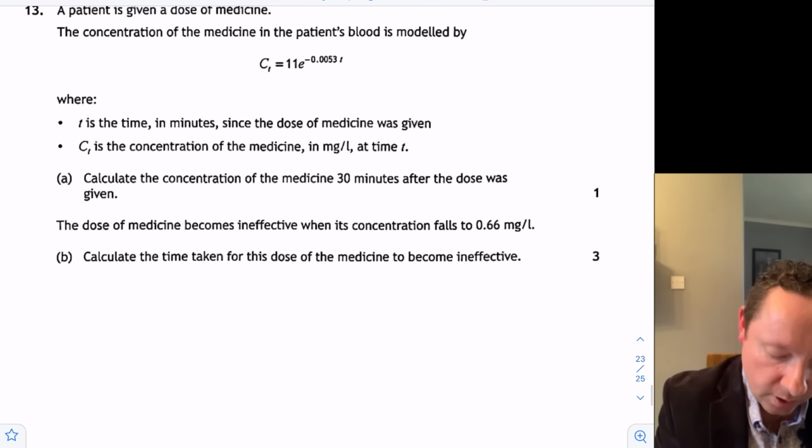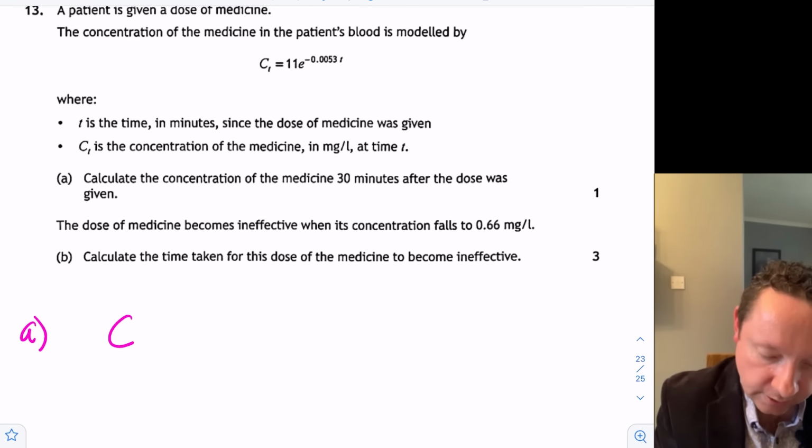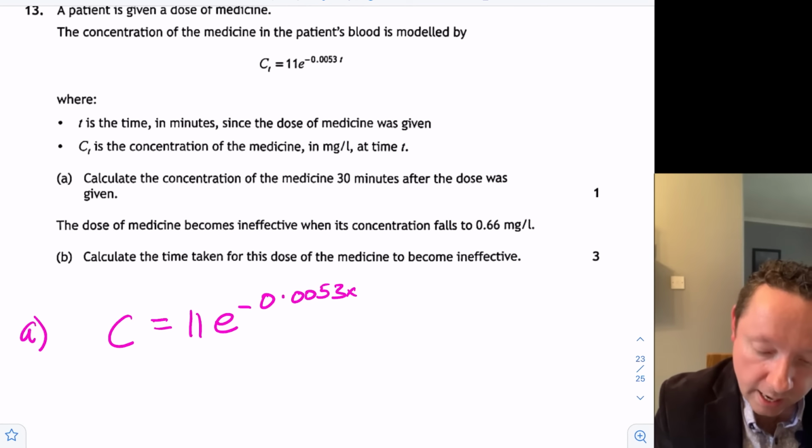Okay, so for part A, all we're doing is saying that C equals 11 e to the minus 0.0053, times by 30.